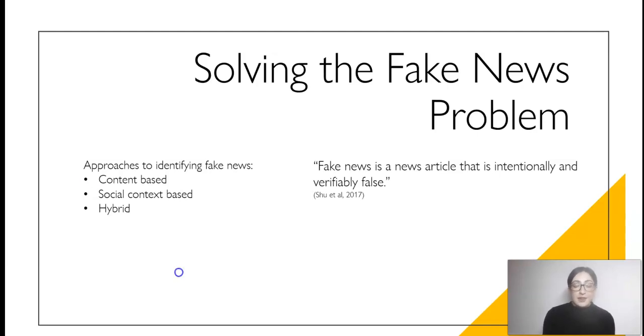And then the third and final approach is a hybrid approach combining both the content-based and the social context-based approaches. And the approach that we have taken for this study in investigating how transformers perform in identifying news as real or fake is a content-based approach, with the reason for this being that this allows for the earliest identification of news as real or fake, because when including social context, while the extra information may prove helpful in classifying news as real or fake, it only partially solves the fake news problem because it means that you can only classify news at the point that it's already been posted, read, shared, and engaged with.